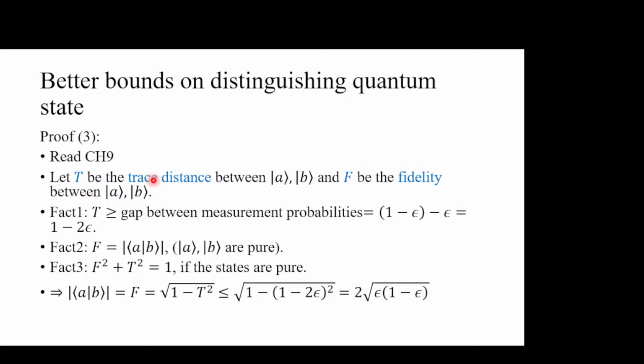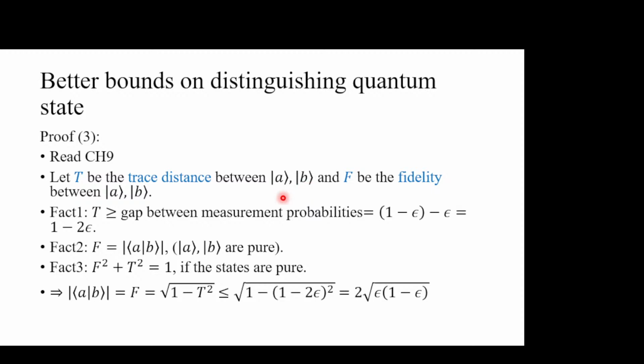This is a good way to introduce you to chapter 9. In chapter 9 there are two concepts, trace distance and fidelity, that let us characterize the distance between two quantum states.